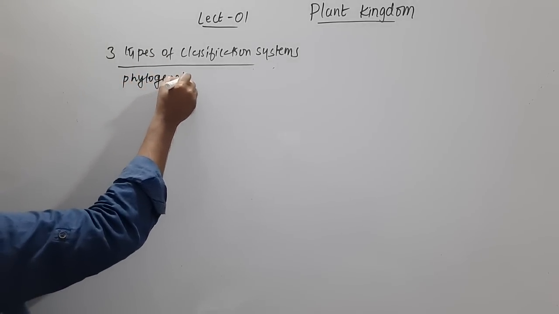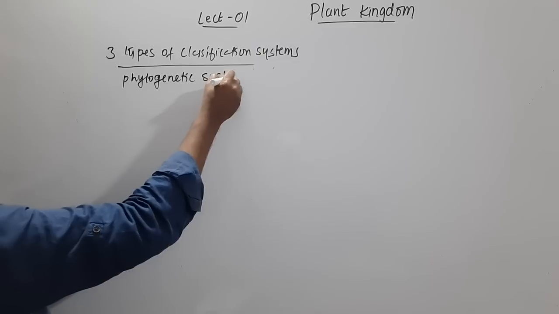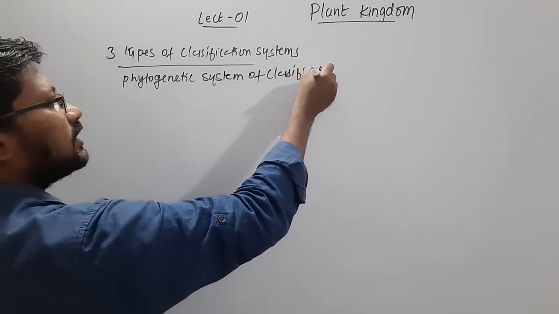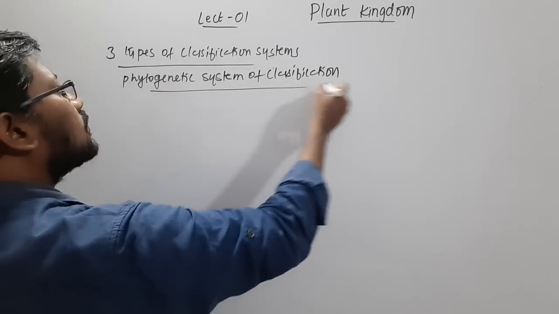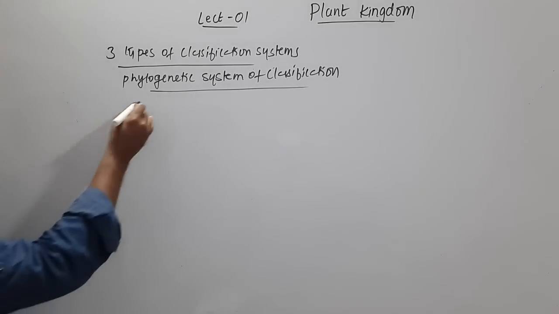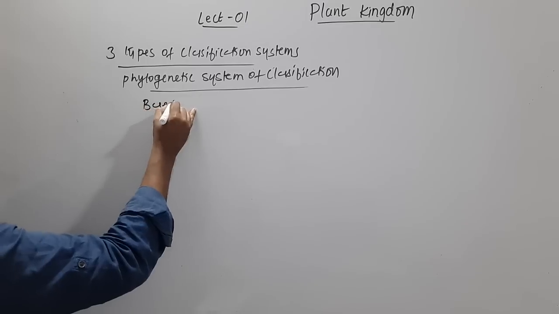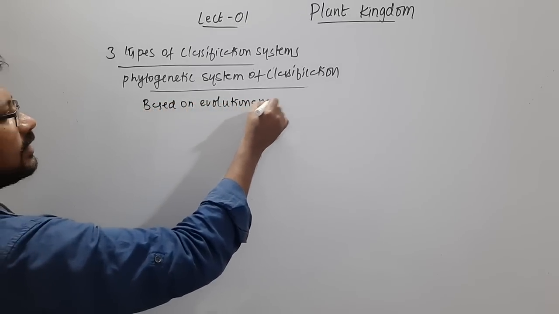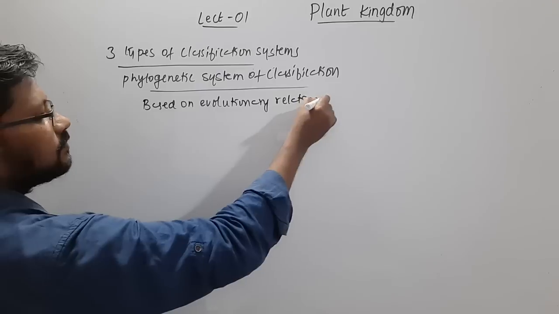So the phylogenetic system of classification is a recent system of classification, and it is based on evolutionary relationships.